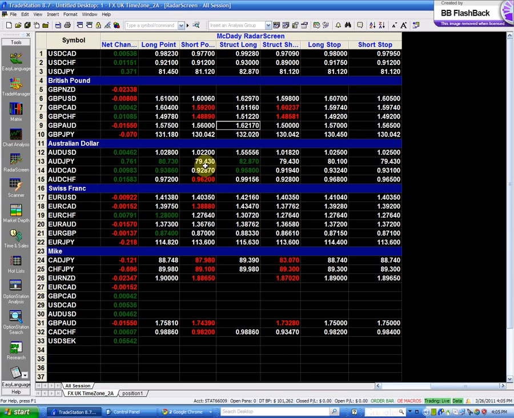On the downside, I'm going to go short below 156, and if I do go short below 156, I'm giving it a 50 pip stop, and my structure short is the all-time low, which is the 150.